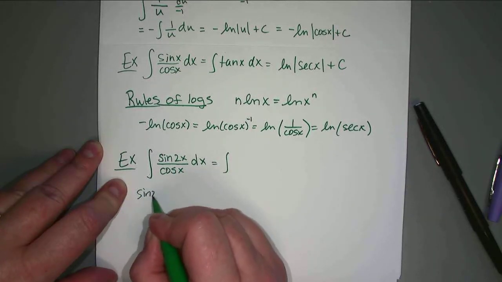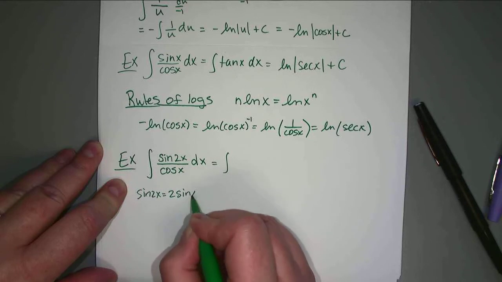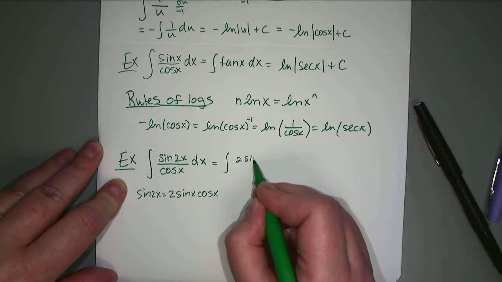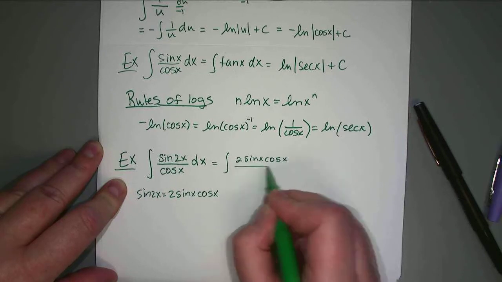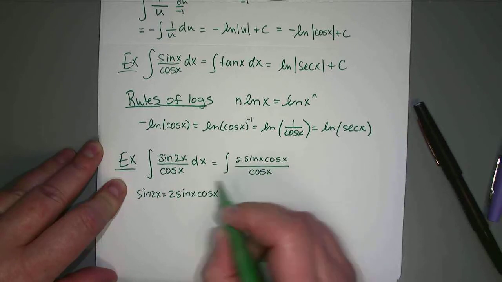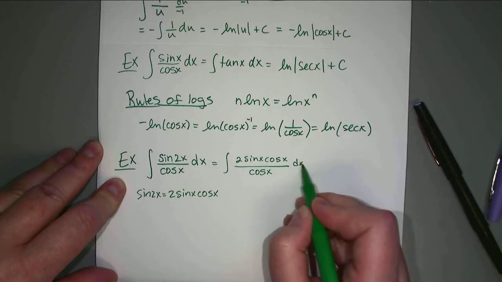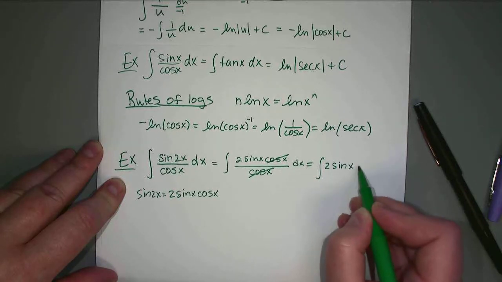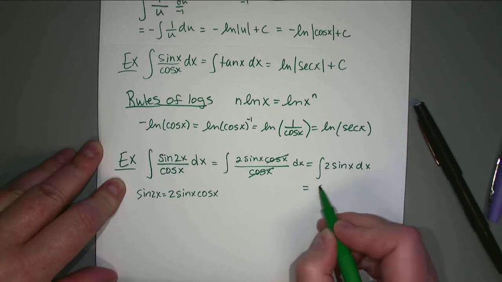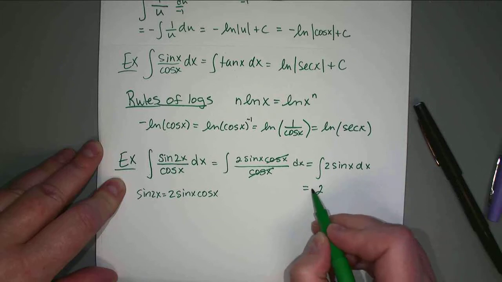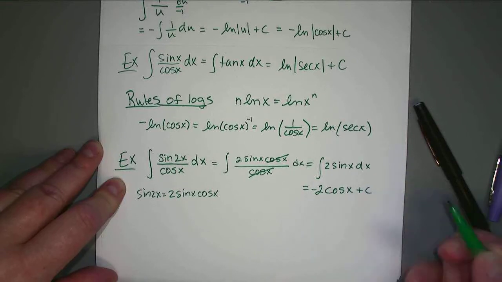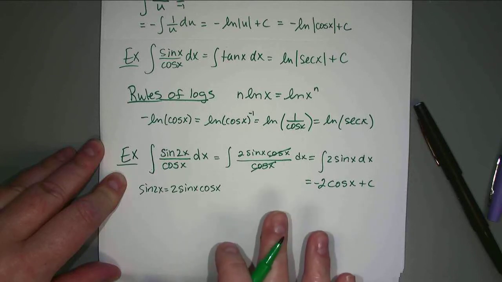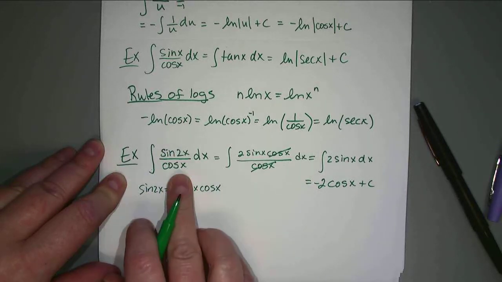Sine 2x is one of the trig identities I said that you really needed, and that is sine 2x is 2 sine x cos x. And this is divided by cos, and now you notice they cancel. So this integral is not substitution, and it can just be done. Integral of sine is negative cos, like that.